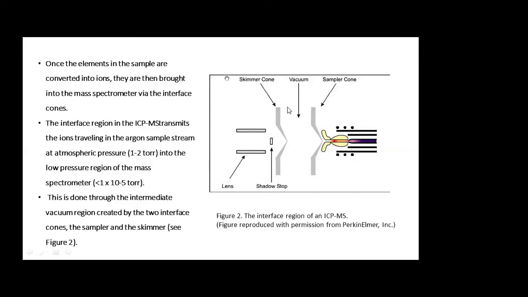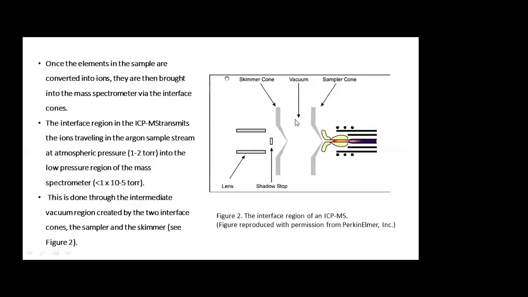So when they reach the plasma on the other end, ions are properly formed. And these formed ions are then brought into the mass spectrometer via interface cones. So this is the interface region.